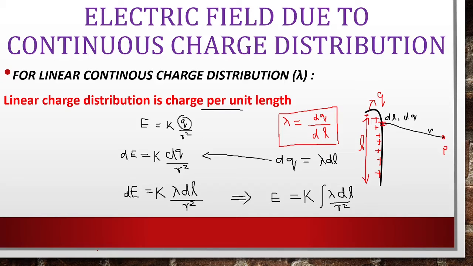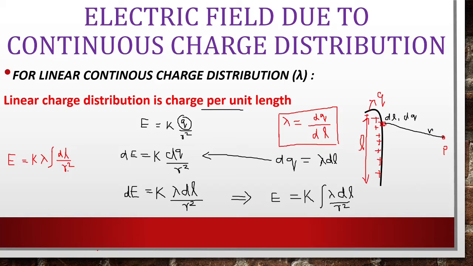Okay. And this lambda is also constant, so we can take this lambda also out. So the final answer I will write here. The final answer is E, that means electric field, is equal to K lambda, since lambda is a constant, uniform distribution, K lambda integral of dl by r square.